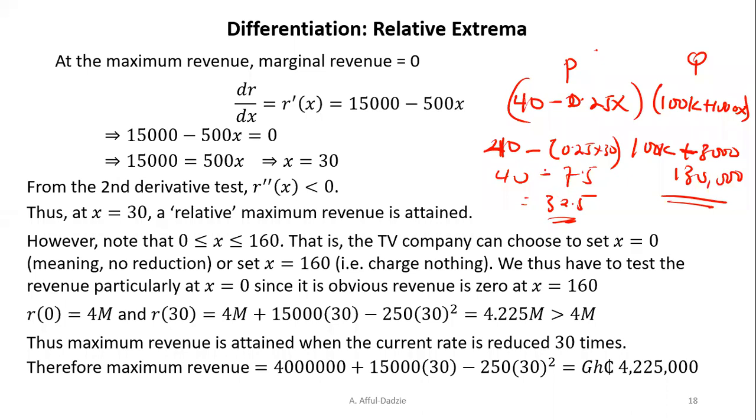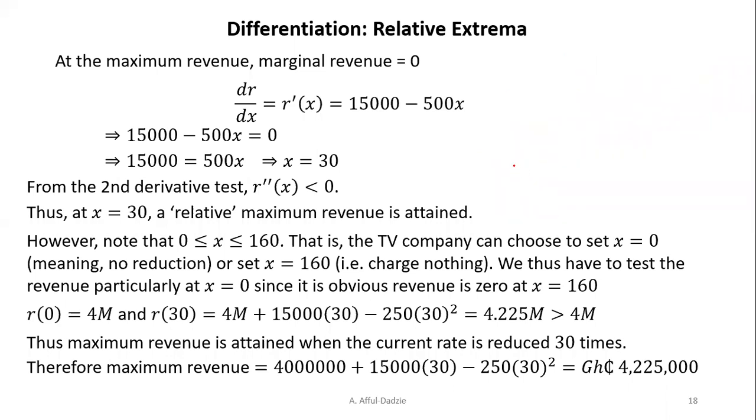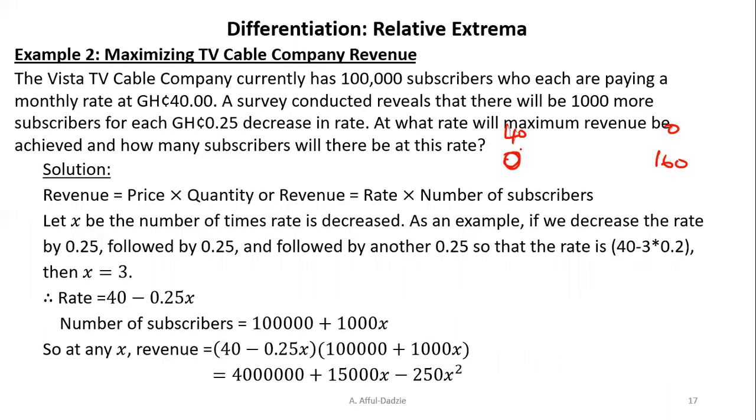Okay, so I saw another hand raised, Bountiful. Yes, please. Sir, when we're multiplying through here, the 0.25, when you multiply it, you get 25,000, not 15,000, right? Yes, but you have to expand. Oh, okay. So let's try it. 40 times 100,000 is 4 million. And then 40 times 1,000x is 40,000x.